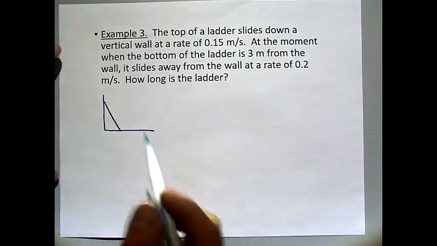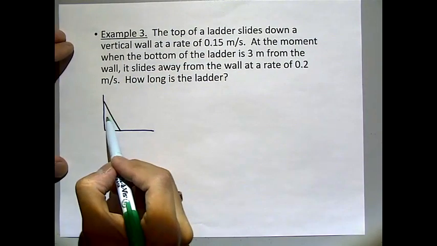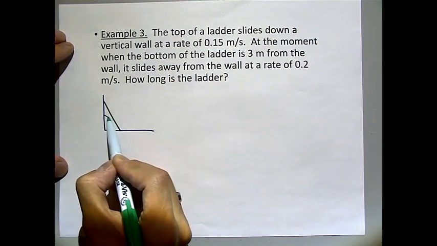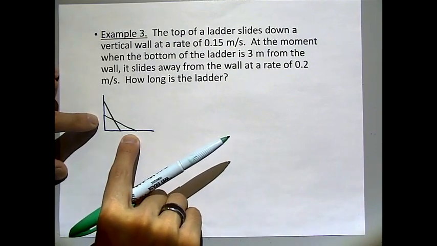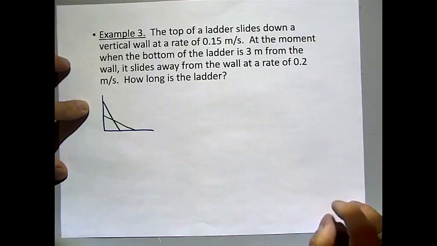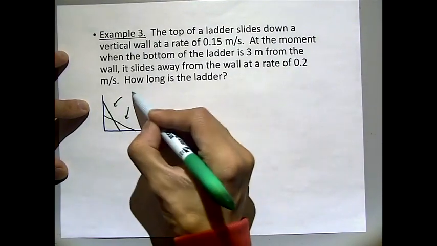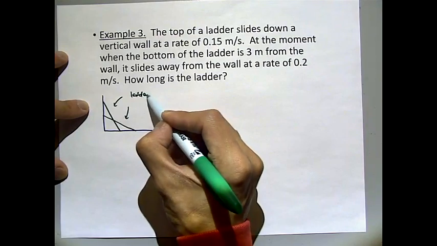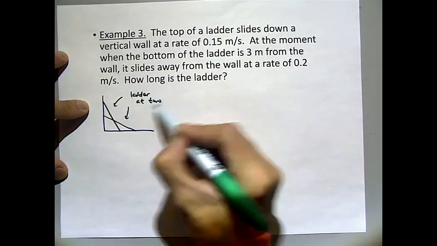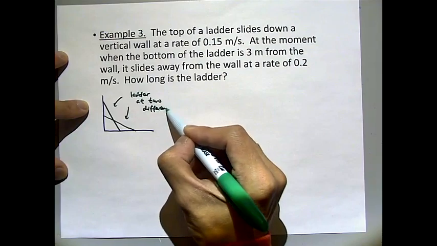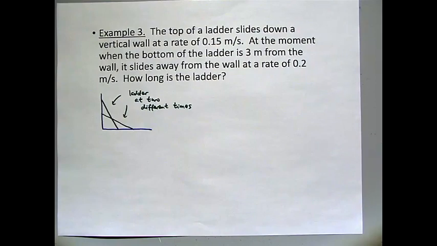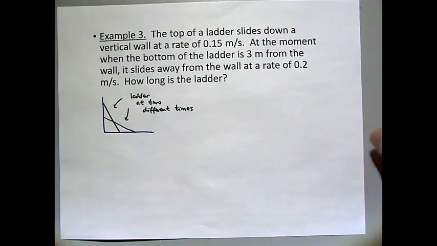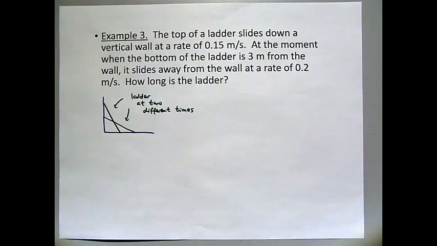So what happens here is as the top of the ladder slides down, the bottom of the ladder slides away too. So sometime later, the ladder is going to look like that, right? The length cannot change. Based on what we know here, how fast the top is sliding down, how fast the bottom is sliding away, we can find out how long this ladder is.